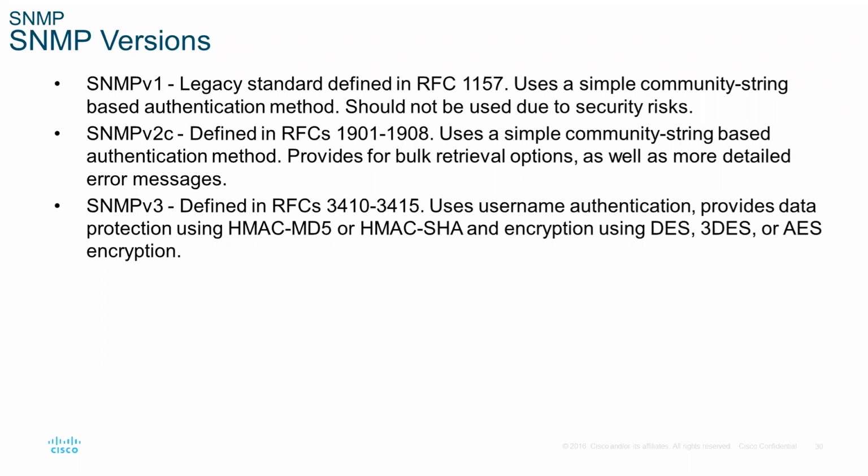So we have version 1, which we started off with, and version 2, which was covered under RFCs 1901 to 1908, and then version 3, which uses authentication, usernames and passwords, and it also uses hashing and encryption, so it's much more secure.